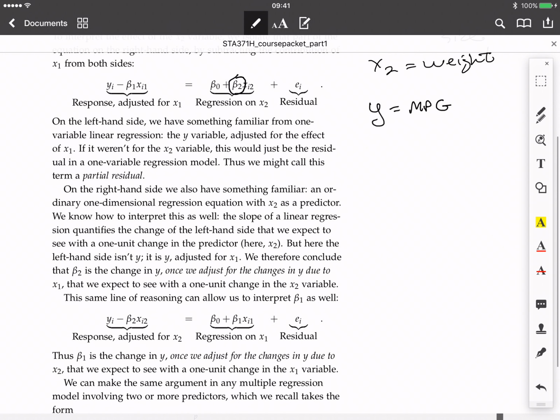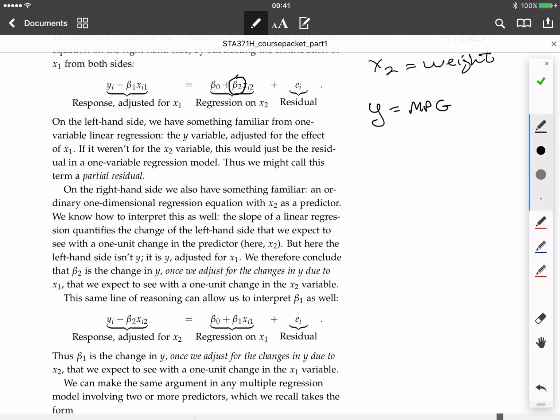So this gets us, and of course the same line of reasoning would work in reverse for x1. If we instead now think about isolating the x1 effect on the right-hand side, well, that means we've got a partial residual over here on the left-hand side, highway miles per gallon adjusting for weight, and on the right-hand side we've got a regression on engine size.